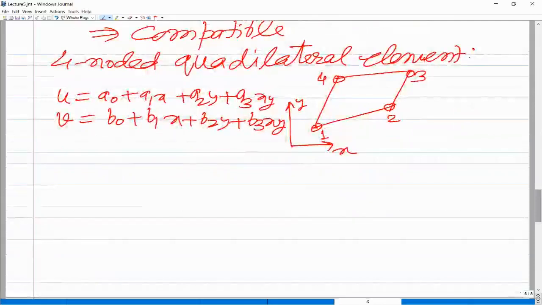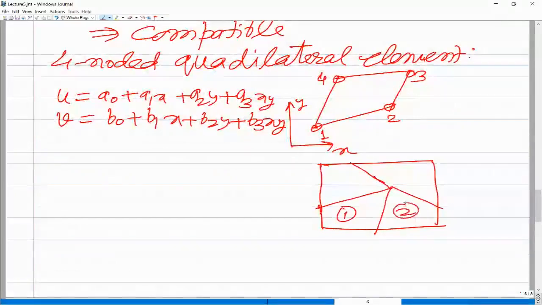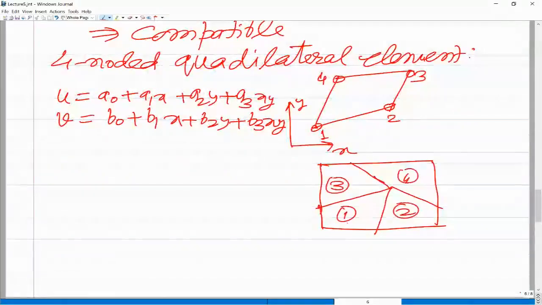So now when you look at the compatibility, let us say again I have a domain and I discretize this into quadrilateral elements, not the rectangular elements. So I discretize this something like this. So let's say one element is here, another element here, third element is like this. So this is element 1, this is element 2, this is 3, and this is 4, and these are the nodes.